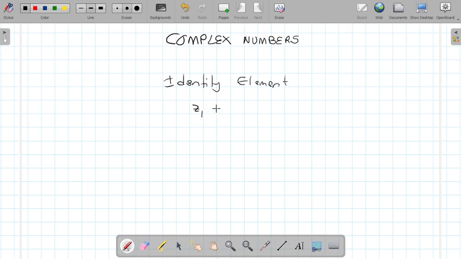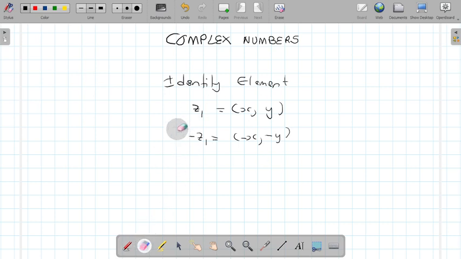If Z1 is the complex number X, Y, thinking about complex numbers as an ordered pair on the complex plane, then the additive inverse of Z1 is minus Z1, which is minus X, minus Y, because if you add these two things, you get 0, which is the identity element. So Z1 is the additive inverse of minus Z1, and minus Z1 is the additive inverse of Z1. That is what is going on here.